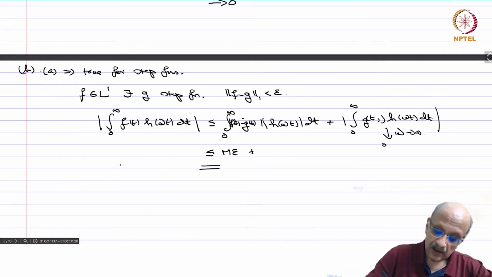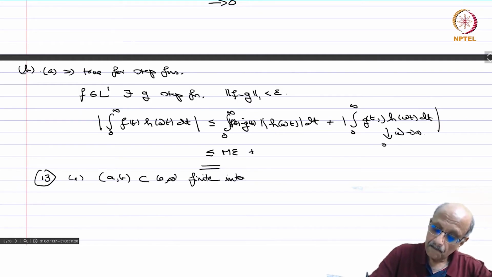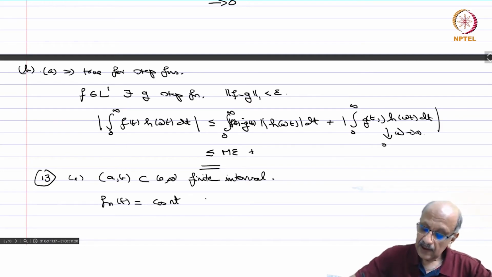Okay, so next, 13 A. Let AB contained in 0 to infinity be a finite interval, and let f_n of t equal cos n t, and g_n of t equal sin n t.